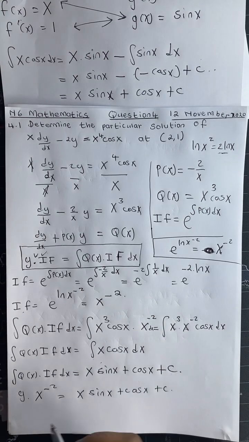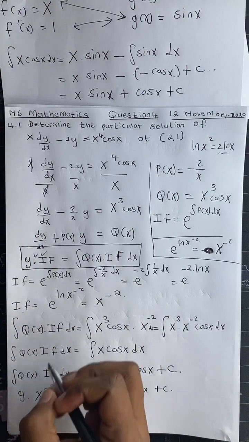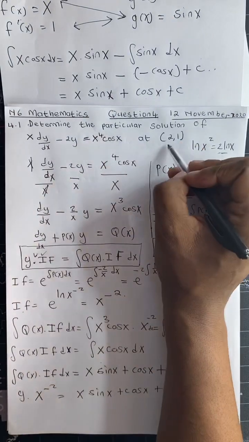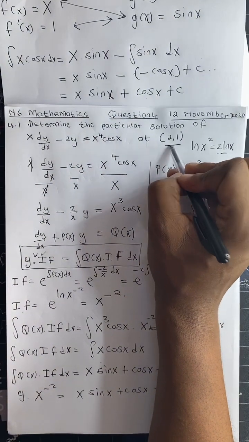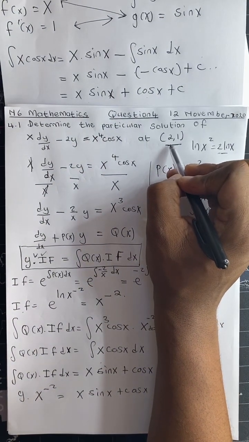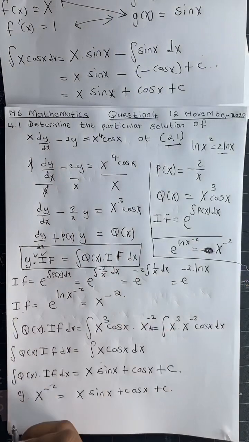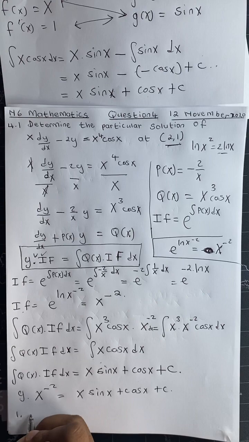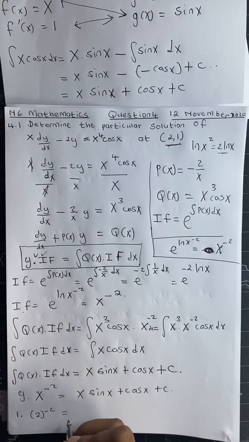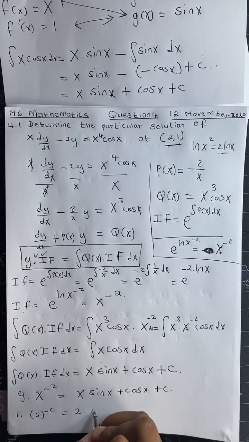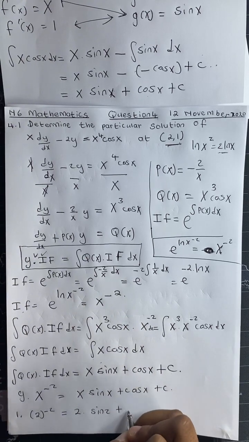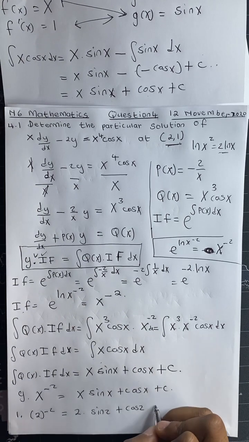But we are not determining the general solution, we are determining the particular solution. That's why they gave us the point 2 and 1. So where there is x, we will substitute 2, and where there is y, we will substitute 1. So 1 multiplied by 2 raised to the power negative 2 is equal to 2 sin 2 plus cos 2 plus c.